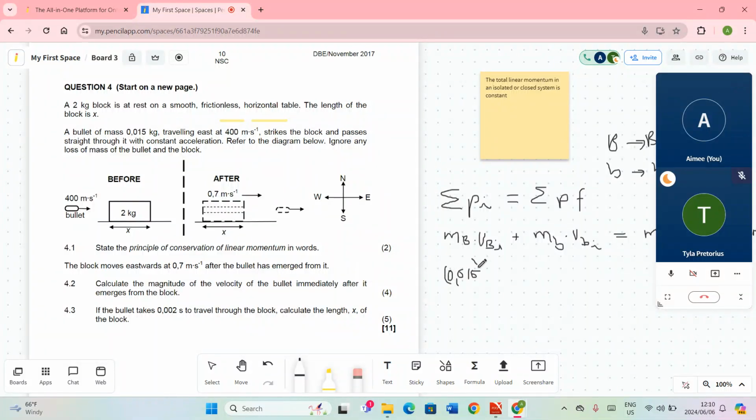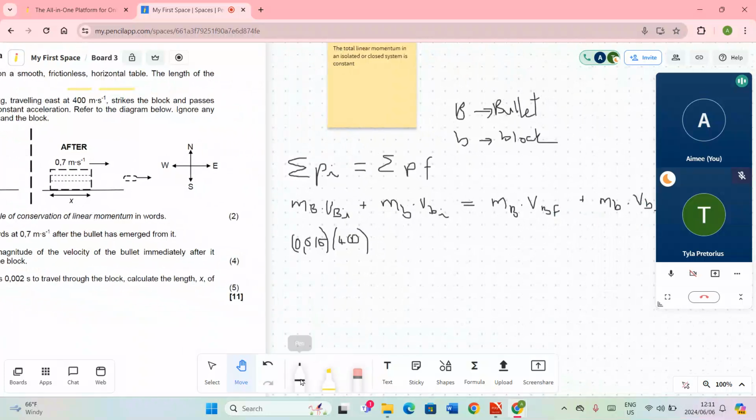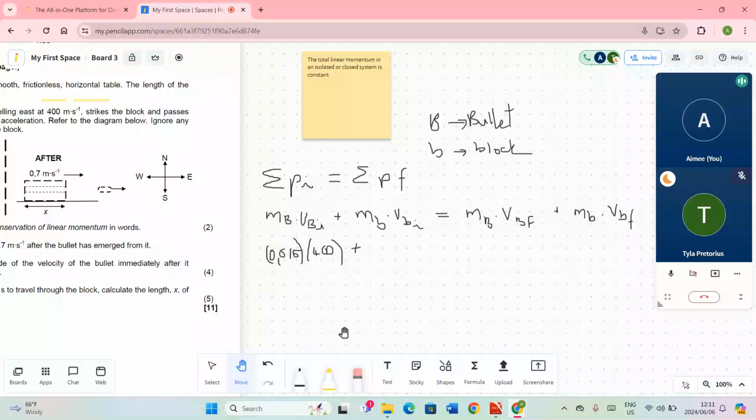The velocity of the bullet initially is traveling east at 400 meters per second, so we sub in 400. The mass of the block is 2 kilograms, resting on a smooth, frictionless surface, so plus 2 kilograms multiplied by its initial velocity, which is 0 because it was at rest.